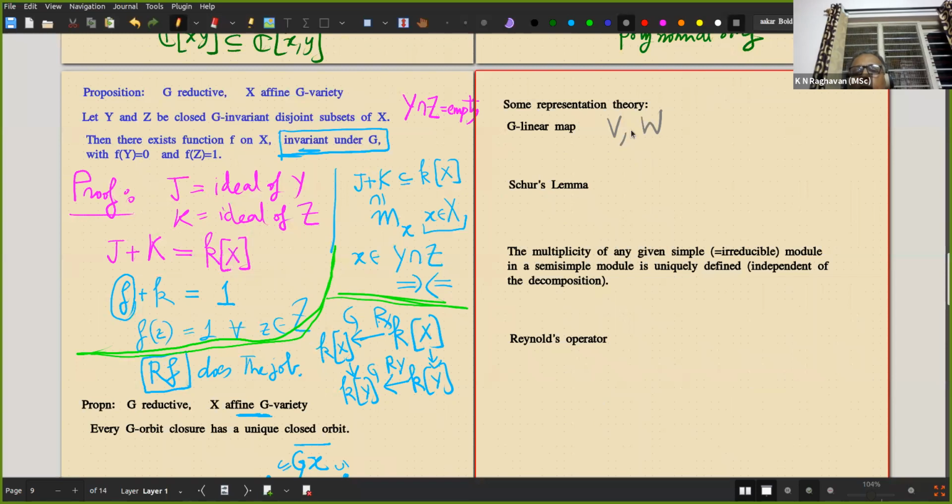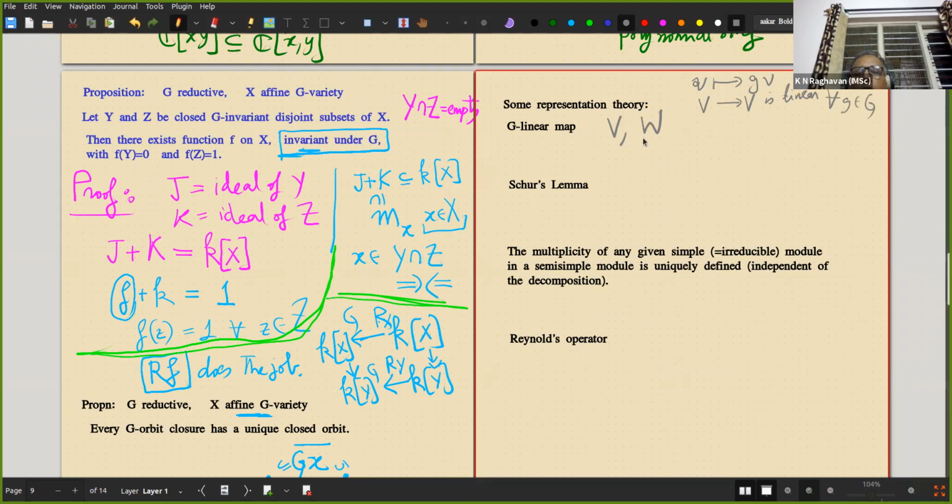This means V is a G set; there's an action of G on V, and an action of G on W, and the map V goes to gV is a linear map from V to V for every g in G.